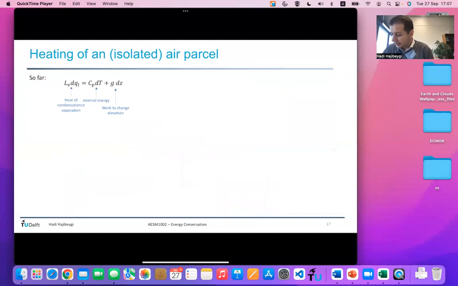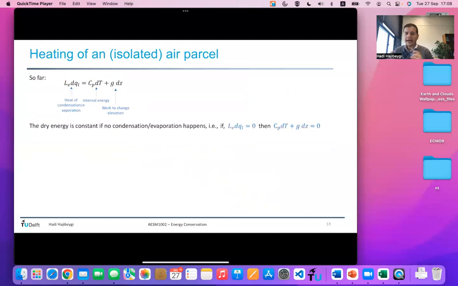We got so far that the heat released by the condensation will cause either change of the temperature of my system, or I can just compensate with it by changing my elevation. Nice. What would it mean? Now, imagine my system is dry. My air parcel does not have any condensation or liquefaction.